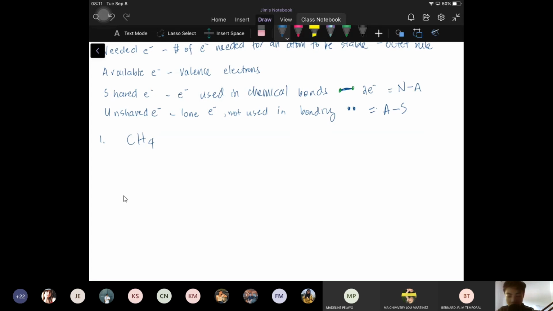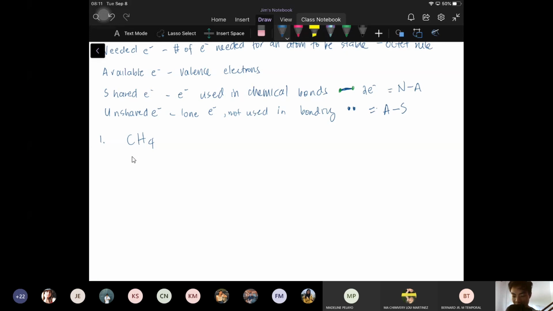The first rule is for us to identify kung ano yung central atom. So, sino kaya yung central atom? Again, hydrogen is not a central atom despite its electronegativity being less than that of carbon. Mas least electronegative si hydrogen, yes, pero hindi siya pwedeng central.